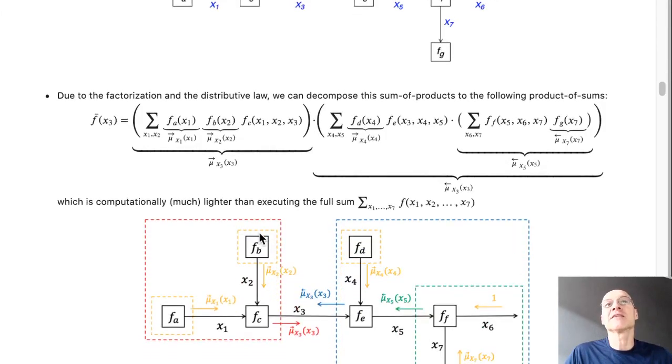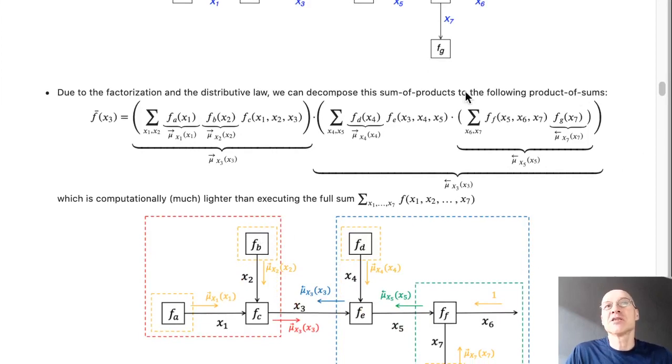If we look at these factors now, let's just look at this guy here, the one called mu with a backwards arrow, mu x5 with a backwards arrow. So call this the backward message for x5. So what's actually in here?